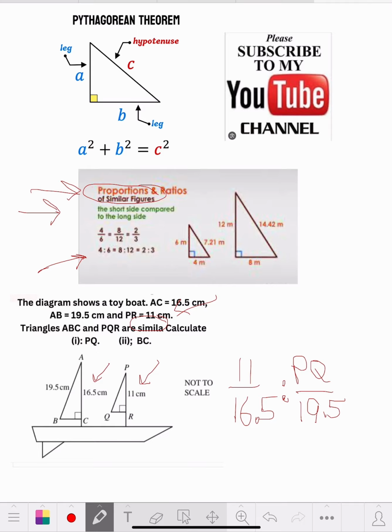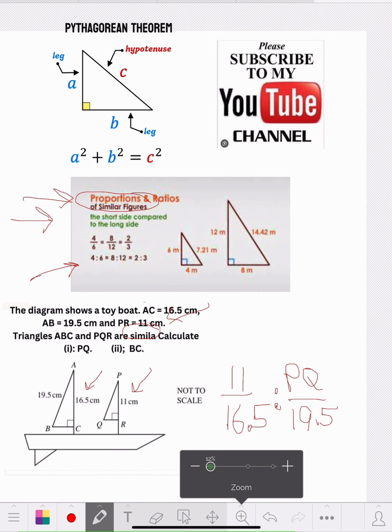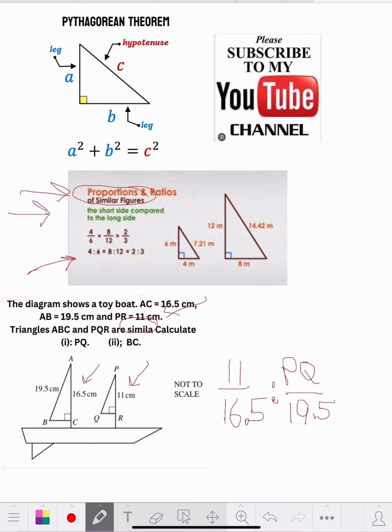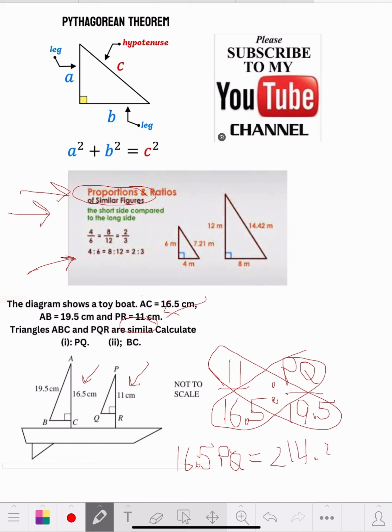Now what we do is multiply across like this. So what do we get here? We multiply, and we get 16.5 PQ equals 214.5.